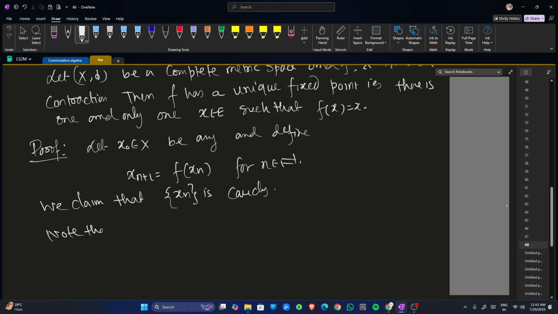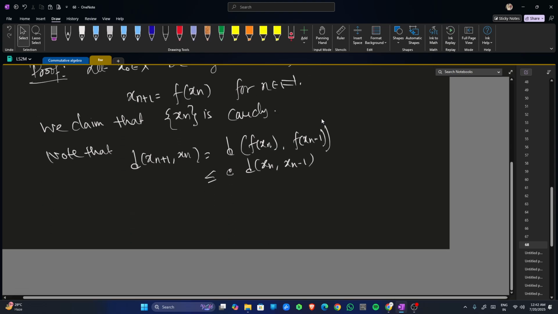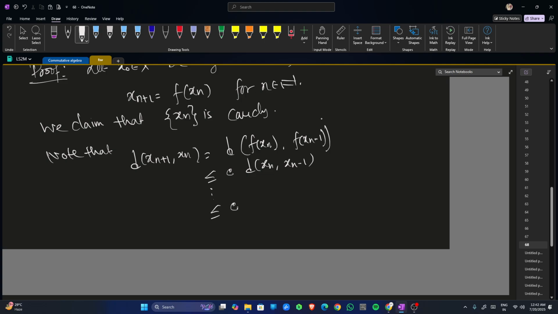Note that d of x_{n+1}, x_n equals d of f(x_n), f(x_{n-1}), which is less than or equal to c times d of x_n, x_{n-1}. Continuing this process, we get d of x_{n+1}, x_n is less than or equal to c^n d of x_1, x_0.